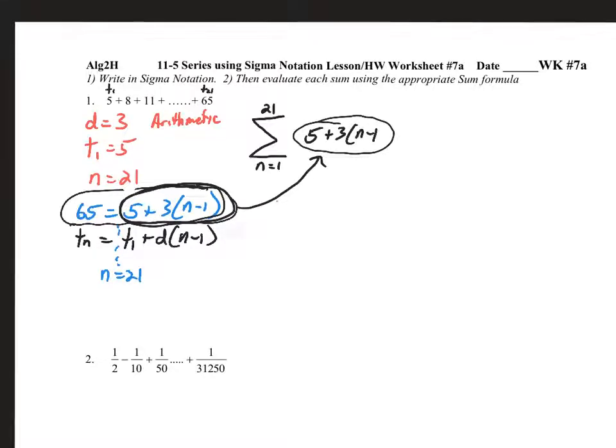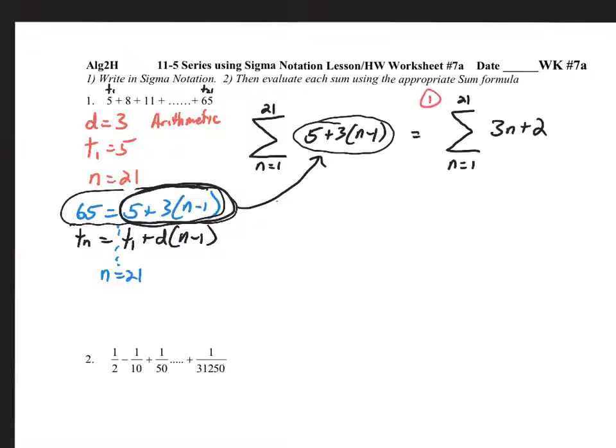Now, I'm going to clean that up, and that's how we're going to write this in sigma notation. So n equals 1 to 21, and when you clean this up, you end up with 3n plus 2. So that's part 1. That's how you take a series and write it in sigma notation.